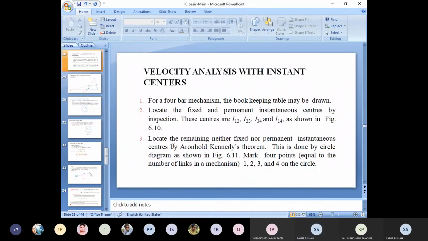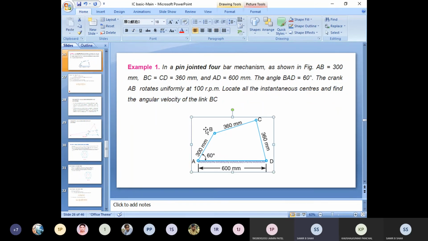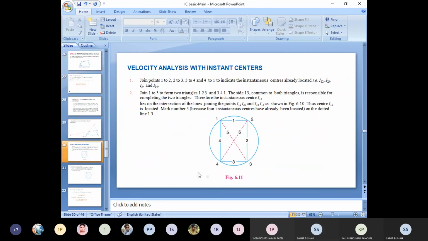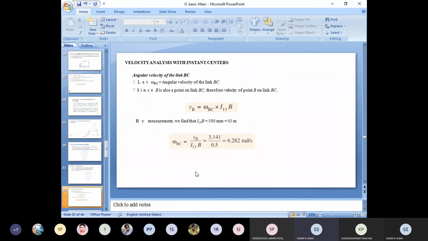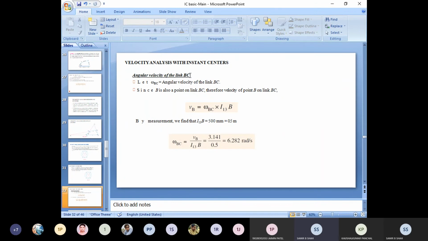As the data is given, locate all I centers and find the angular velocity of BC. Now we focus on BC. I just mark what we want to find: we have to find omega BC.